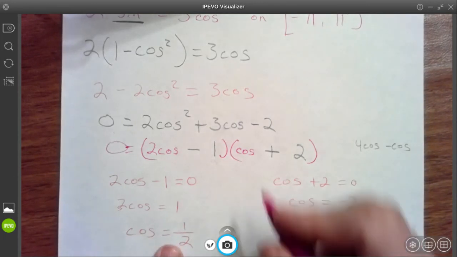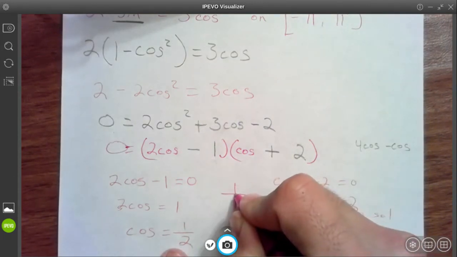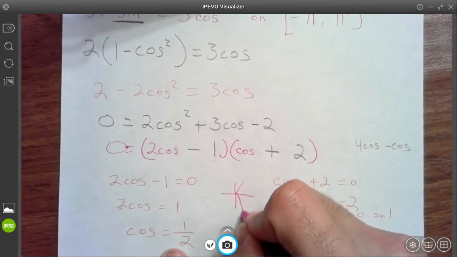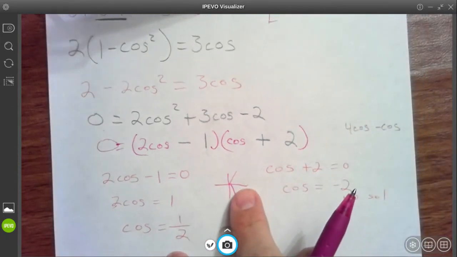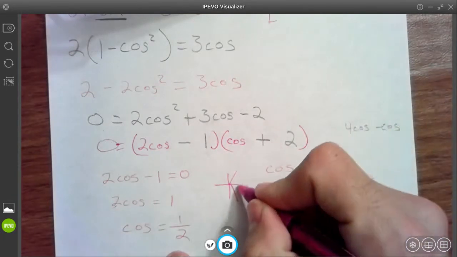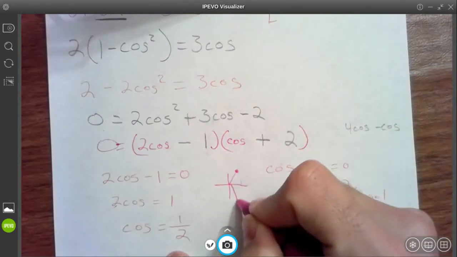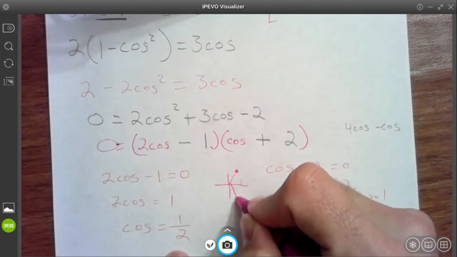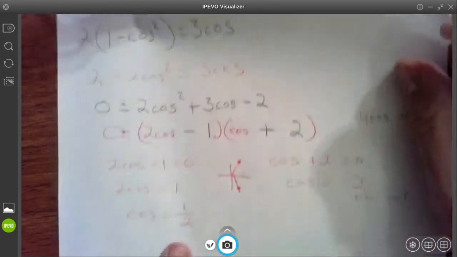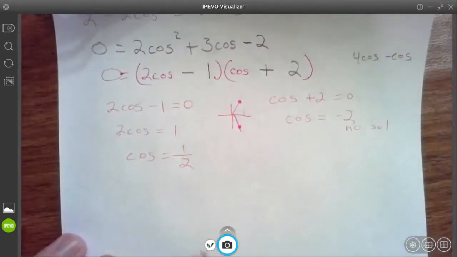It's positive, so it's going to happen in my first and fourth quadrant. Cosine is equal to positive 1/2 at pi over 3, or 60 degrees, and at negative pi over 3, which is 330, which is 5 pi over 3. So those are my 2 solutions, my base answers.